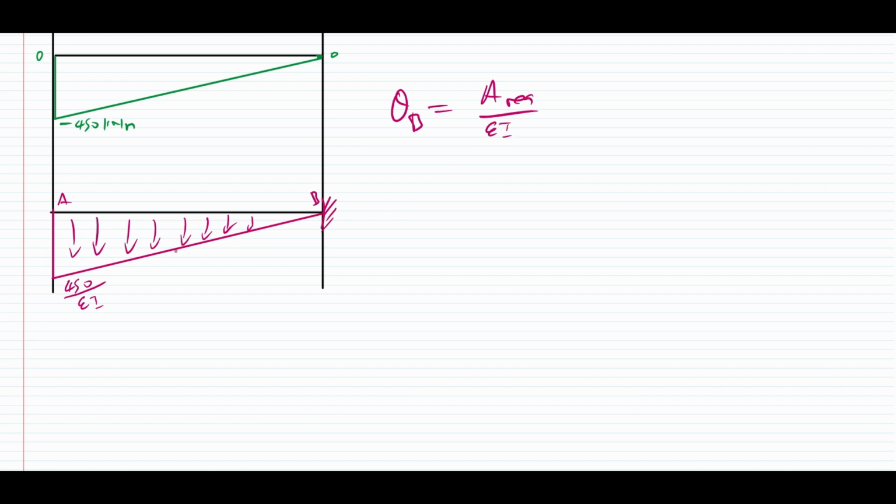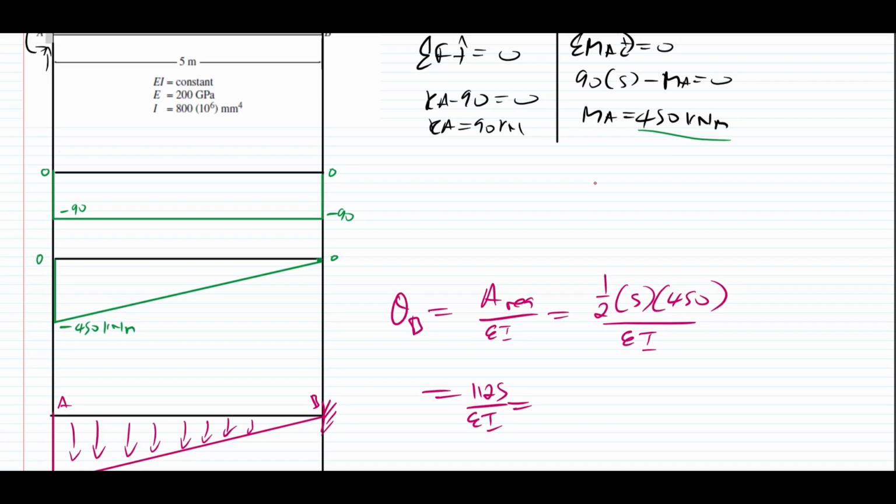We only have a triangle, which is half, our base 5 times 450 divided by EI, and then you get 1125 divided by EI.